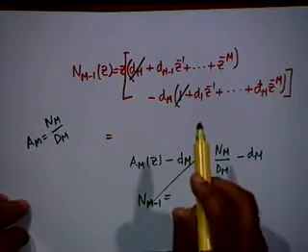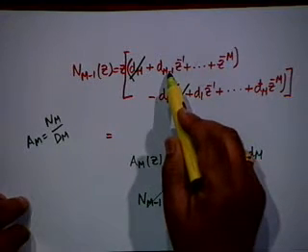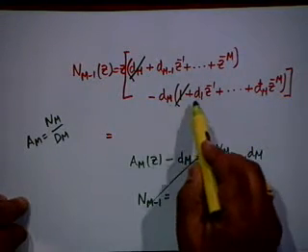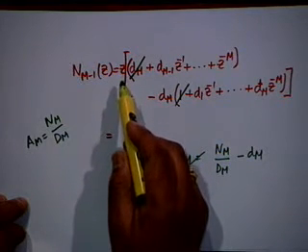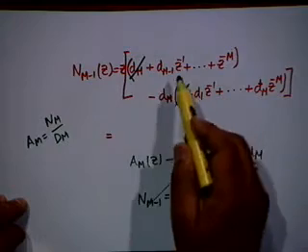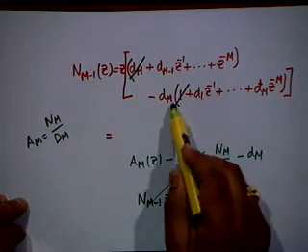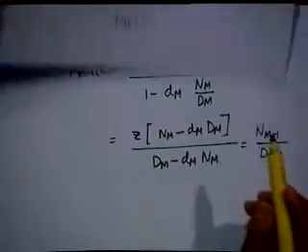The coefficient of z inverse shall be d_{m-1} minus dm d1, but there is a multiplication by z, and therefore the constant term in the numerator shall be d_{m-1} minus dm d1.